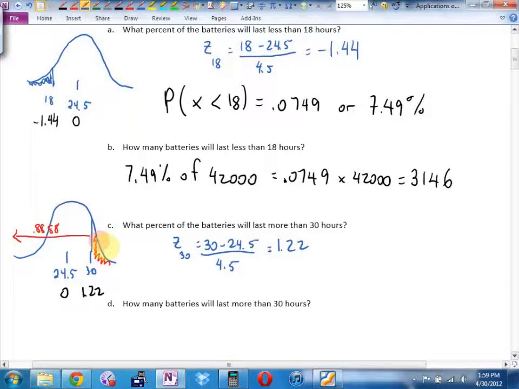This is going to be 1 minus, because what's the total area? 1. Okay? So you are going to have to memorize that if you're going to the right, it's 1 minus the area on your orange sheet. If you're going to the left, it's just the area on your orange sheet. And how to find a Z-score. Oh, that's what your quiz was about. Okay?